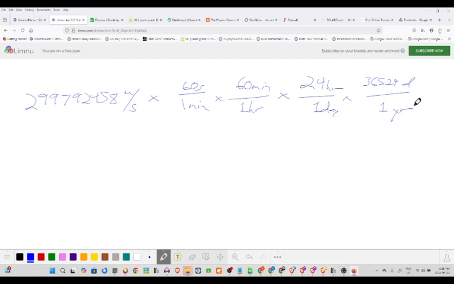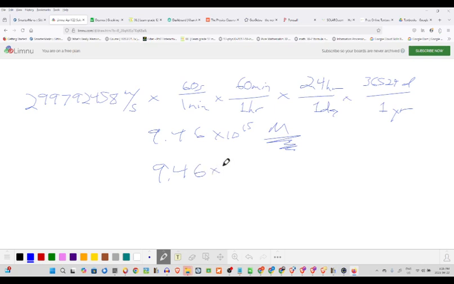So 299,792,458 times 60 times 60 times 24 times 365.24. I'm sorry, the decimal's not very clear. And this is 9.46 times 10 to the 15 meters. We need kilometers.